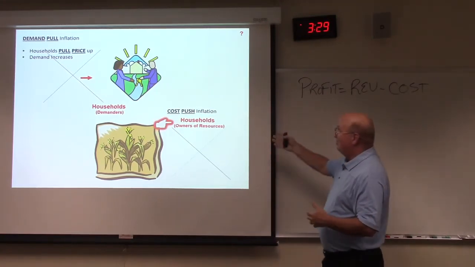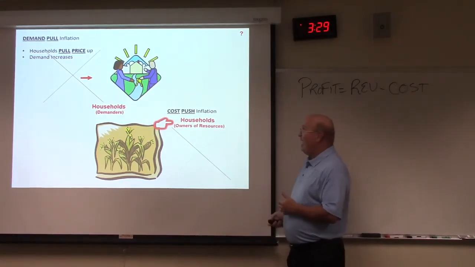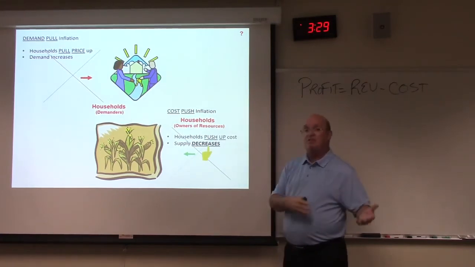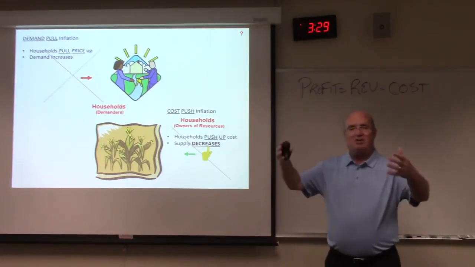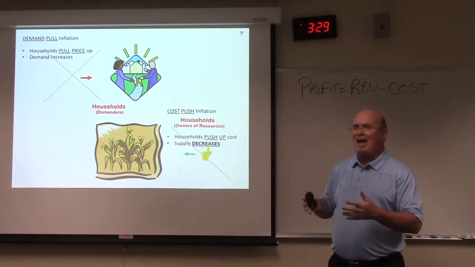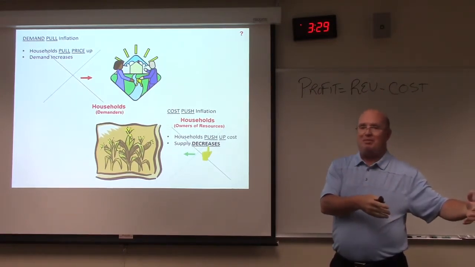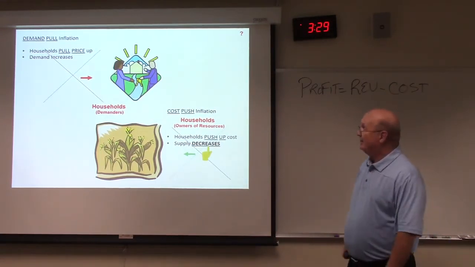So, we demand more money. And literally, we are pushing up the cost of the supply of labor. So our supply curve goes up because we're increasing the cost of labor, and businesses buying labor buy less because they can't afford it at $15 an hour.